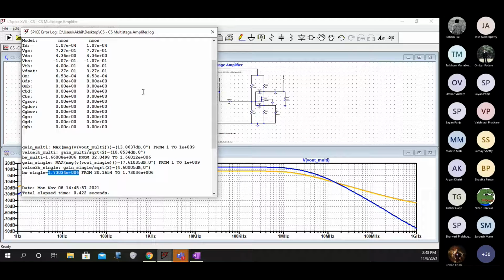If you are okay with that, then fine, you can live with the high gain. But if you are not okay with the reduction in bandwidth, then you have to go for another kind of amplifier which will increase the gain and not reduce the bandwidth.